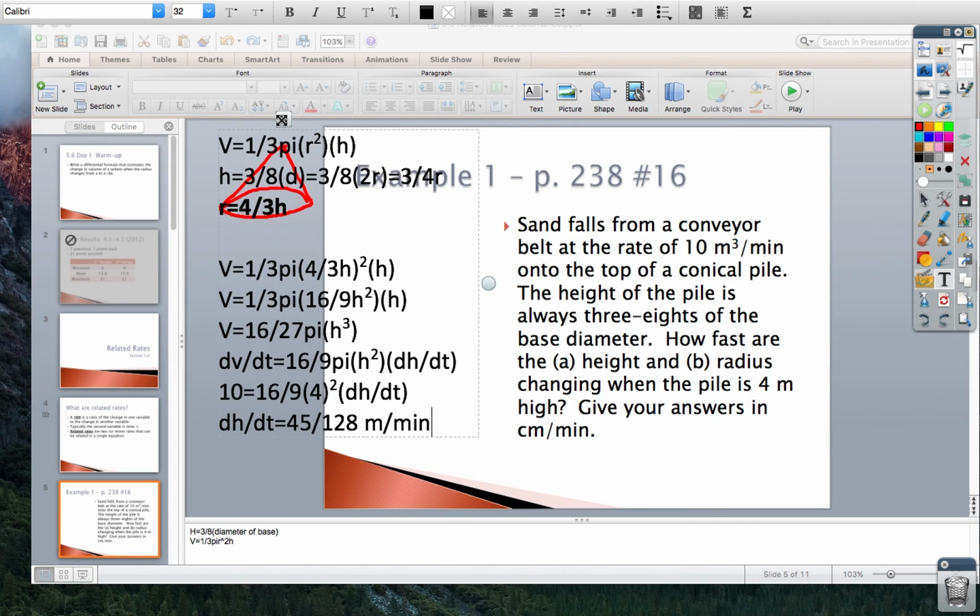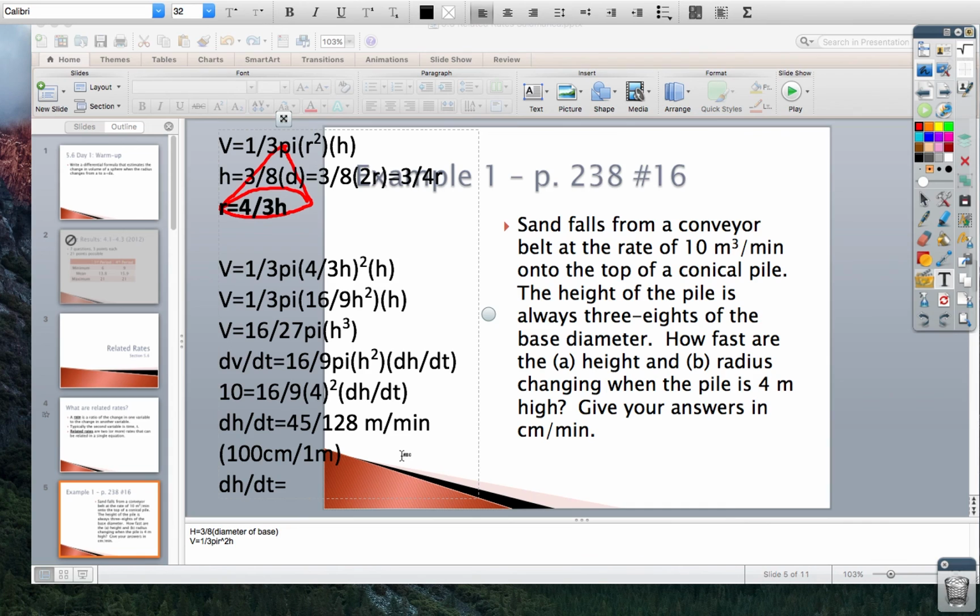So this is meters per minute, and we are supposed to put this in terms of centimeters per minute. Because the meters is on top, we're going to use a little dimensional analysis and multiply by 100 centimeters divided by 1 meter.